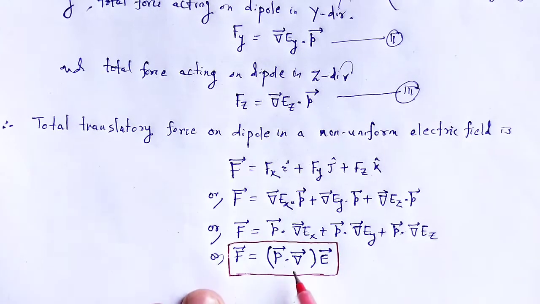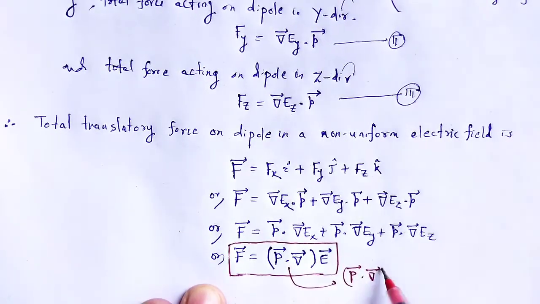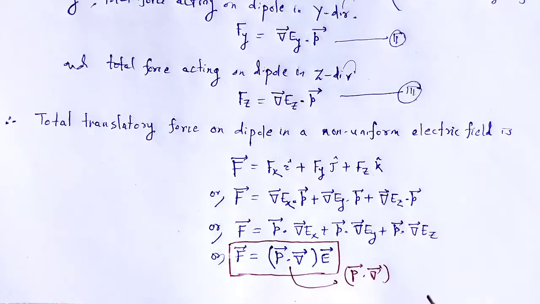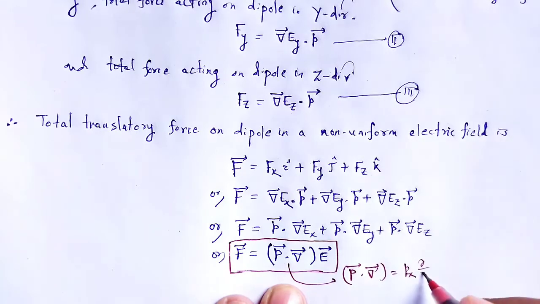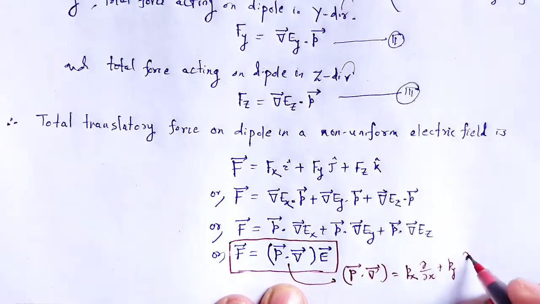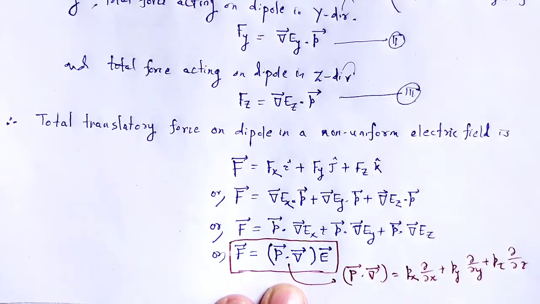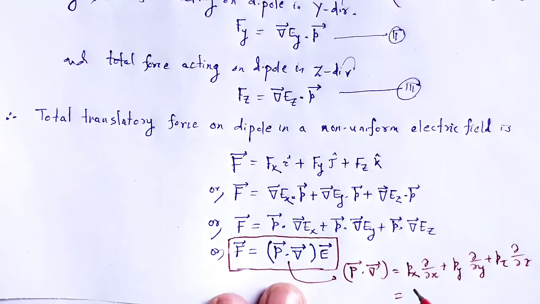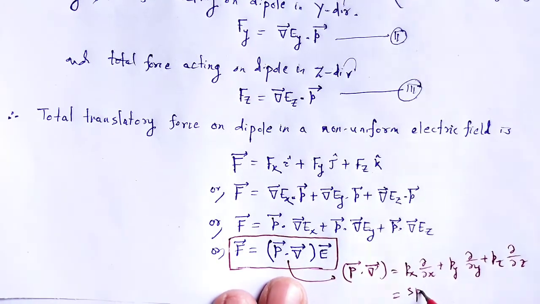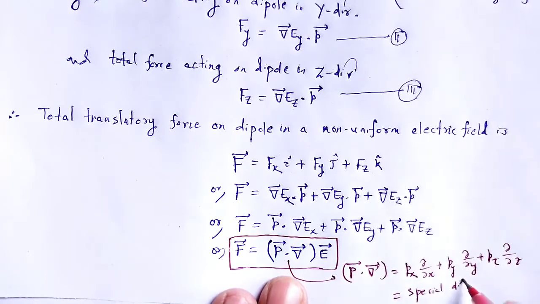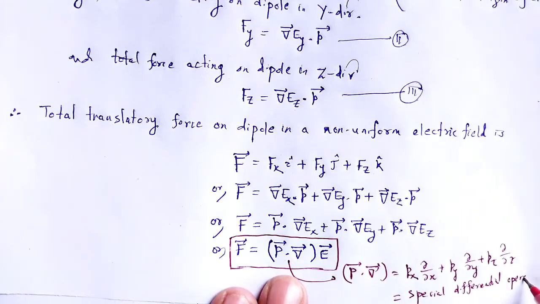So, here P dot grad is Px del by del x plus Py del by del y plus Pz del by del z, which is known as a spatial differential operator.